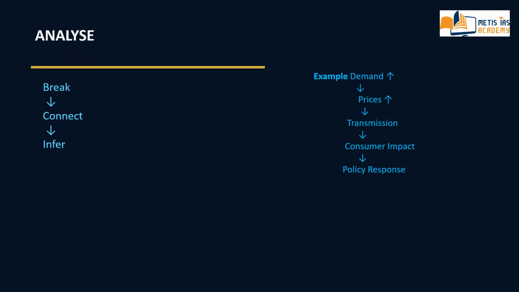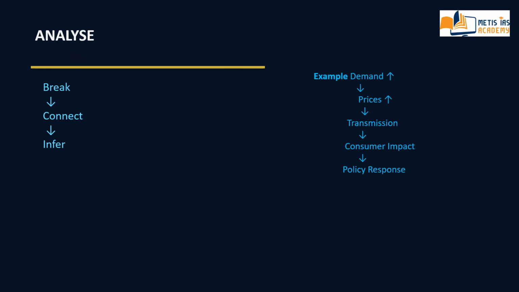Students make the mistake of listing, but that is not the correct approach for an analyze answer. Analyze means thinking. Let us make analyze visible. For example, take the question: analyze inflation.